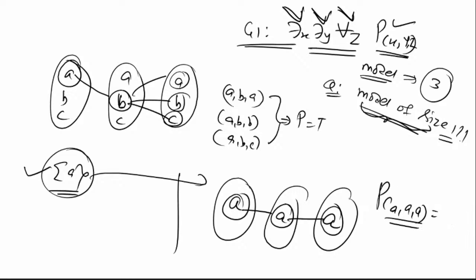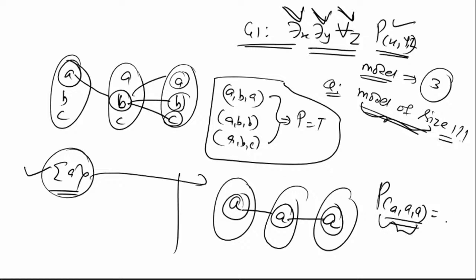No, because in the given information, ABA is true, ABB is true, ABC is true, but AAA is not true. So let's make PAAA false.